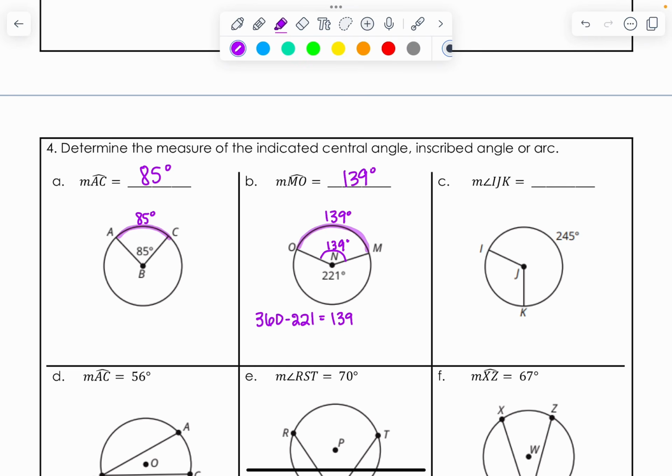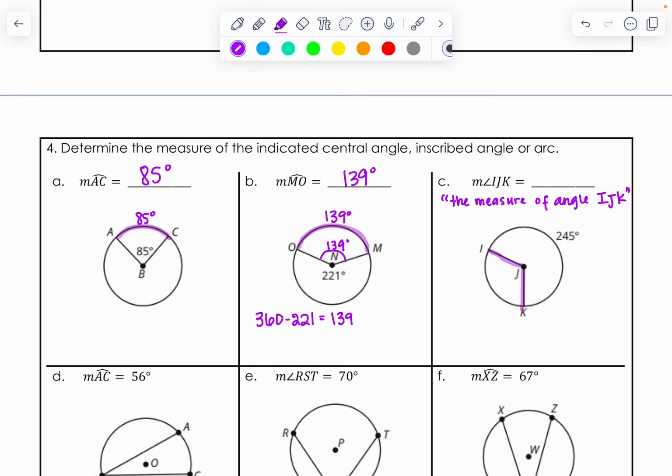IJK. This time it's an angle. The way we read this is the measure of angle IJK, and that's how we read it aloud.